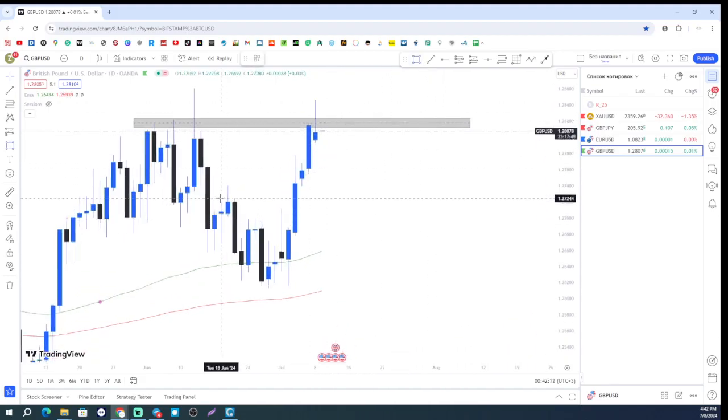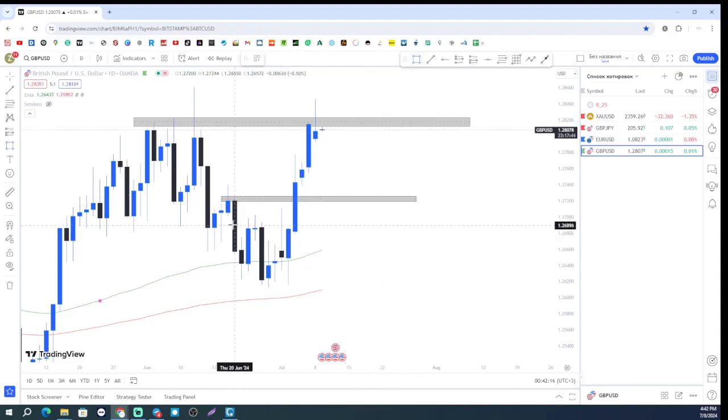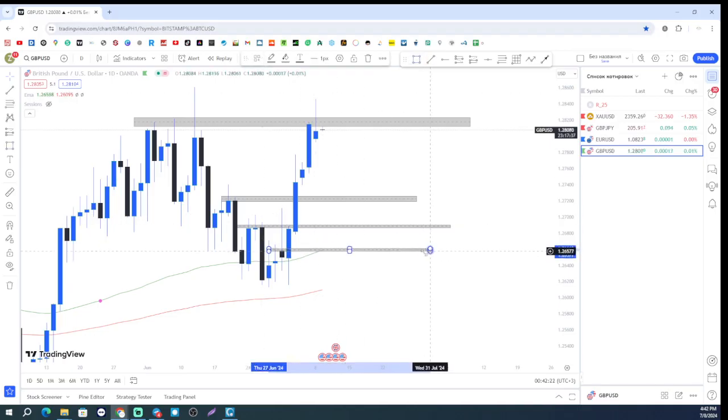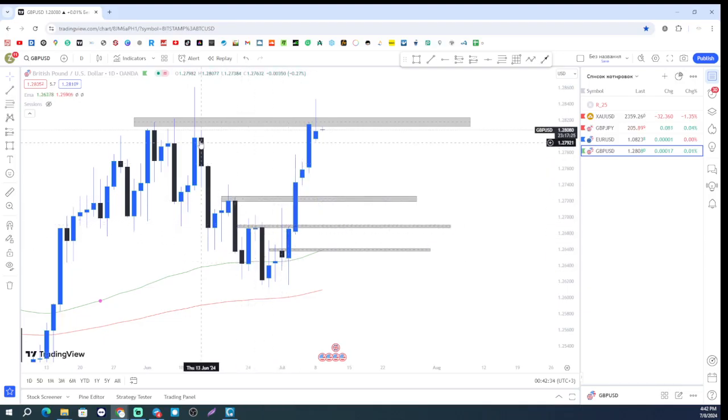Right now I would expect the price action to come to this area to retest, and to this area to retest, and maybe to this area to retest. The reason why is because once the price action breaks, I'm expecting it to come to this area. But from this point, the price action just moved up, broke this high, and got to this high. So from here it must pull back.